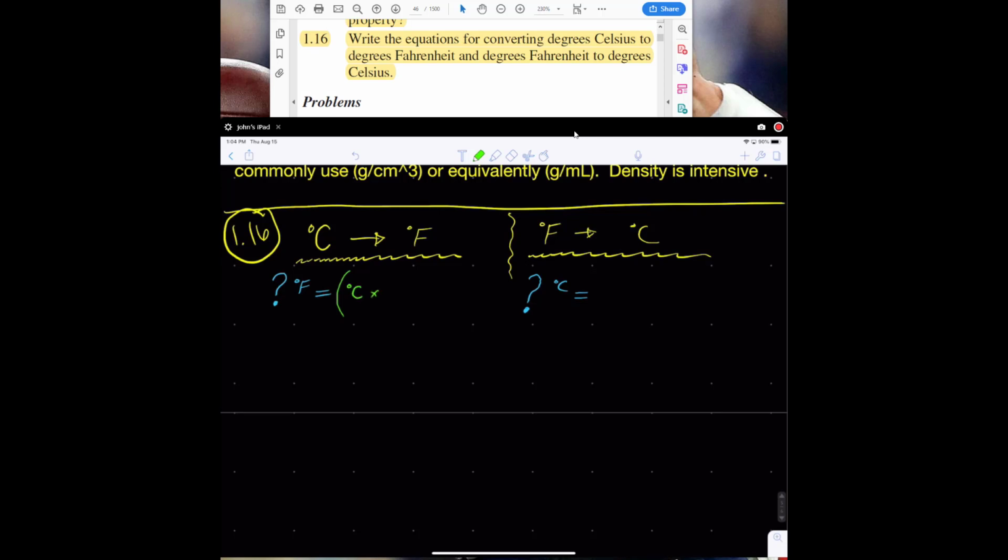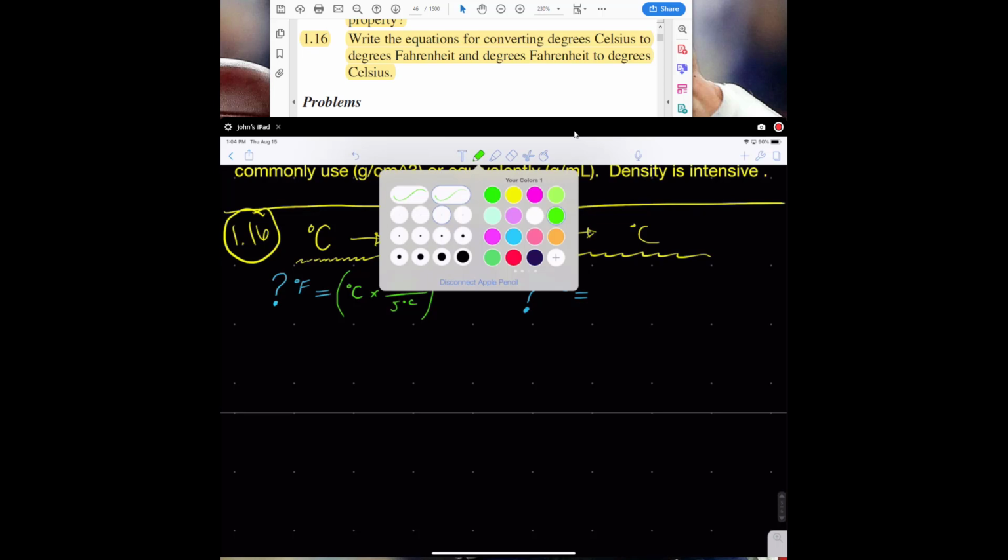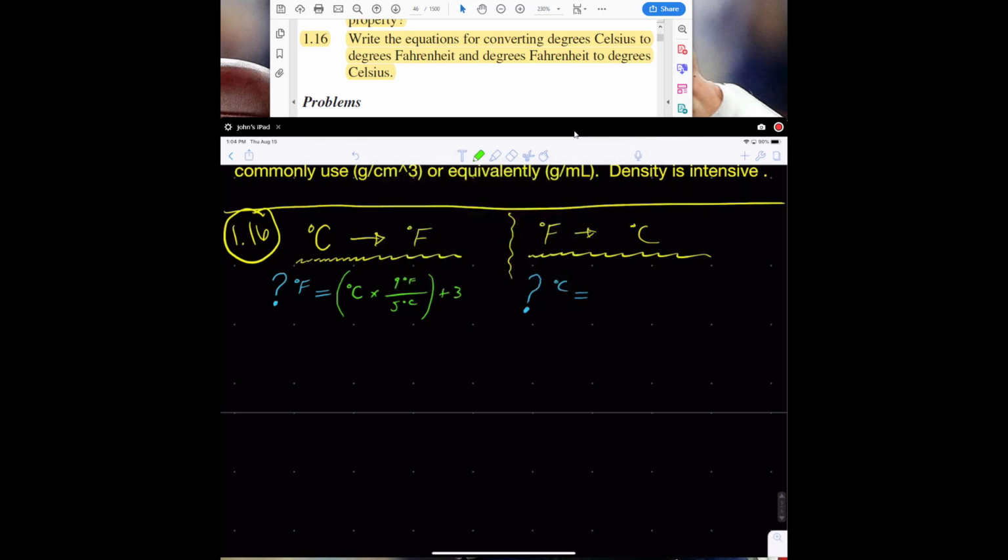multiplied by 9 degrees Fahrenheit over 5 degrees Celsius, plus 32 degrees Fahrenheit. Okay.